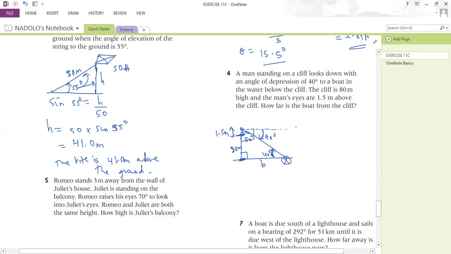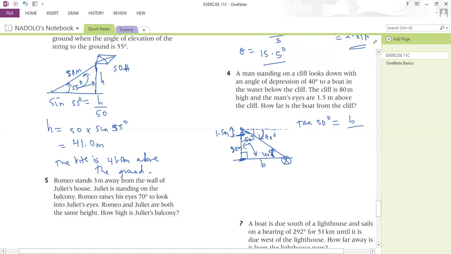You can use trigonometric ratios. Let's see. So you have 40 degrees. You can use 50 or 40. Let's use 50. 50 degrees has an opposite side and an adjacent side. So tan of 50 degrees equals opposite B divided by adjacent.